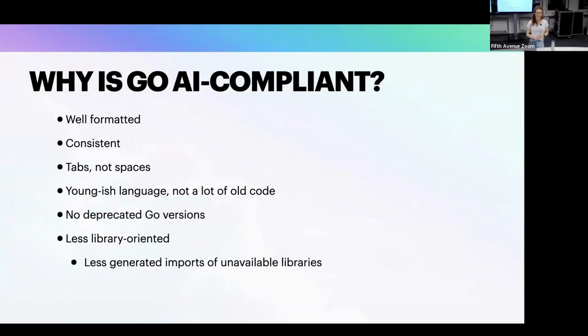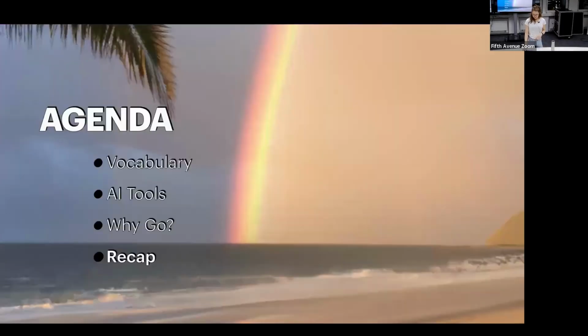And it's less library oriented, which means whenever it starts imagining code, it will actually write code and not half a code of imports that don't exist or may be private or whatever, but just a lot of code. So those are the many benefits that I see of Go being more future-proof with AI stepping into our lives as developers. And that is that.